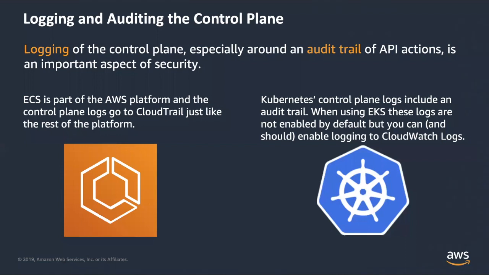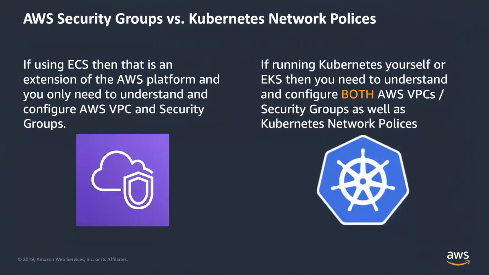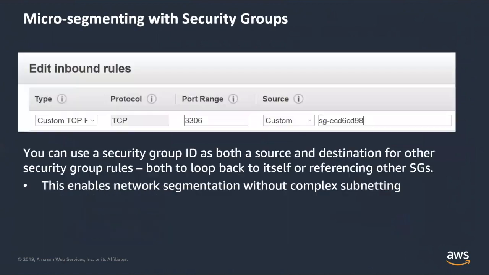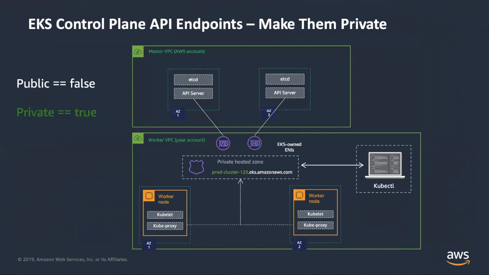I'm nearly done actually. Logging: you can do CloudWatch logs out of Kubernetes, although you do need to turn it on manually. You need to configure both Kubernetes network policies and security groups, but security groups can give you the ability to further microsegment. EKS by default makes your control plane endpoints public. You want to specify that they're private.